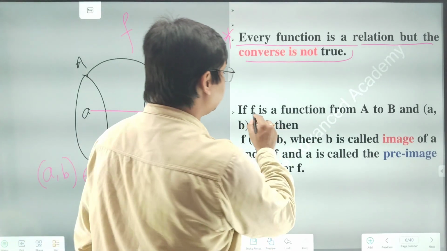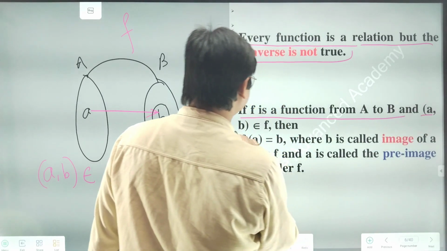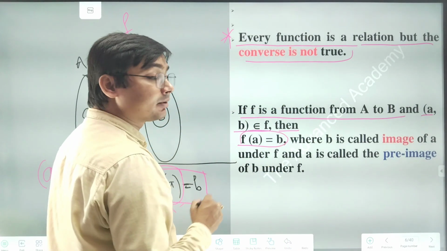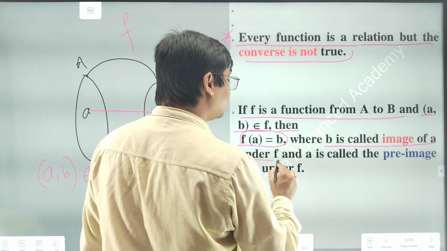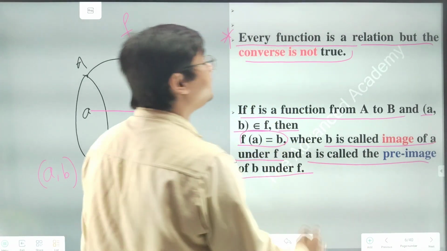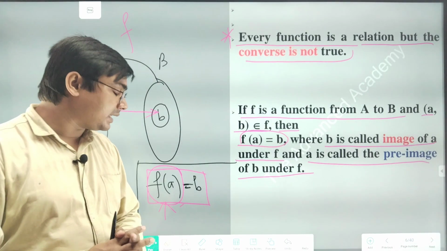So if f is a function from A to B and (a, b) belongs to f, then f of a equals b, where b is called the image of a under the function f, and a is called the pre-image of b under the function f. Yes guys, is it clear?